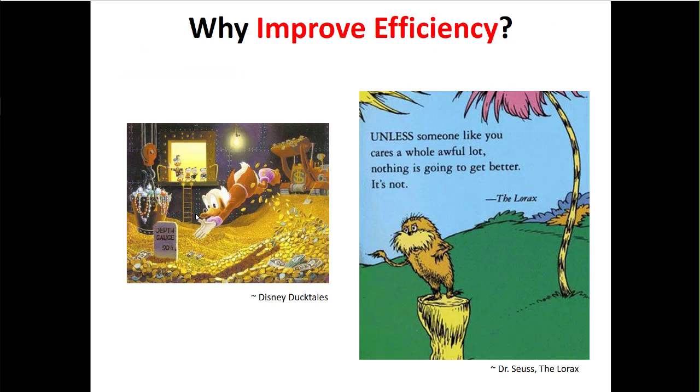And we said, well, there are 2 main arguments for why you want to improve efficiency. The first is a financial argument: if your power plant runs more efficiently, it either means you're burning less coal or you're producing more power for every ton of coal that you're burning.